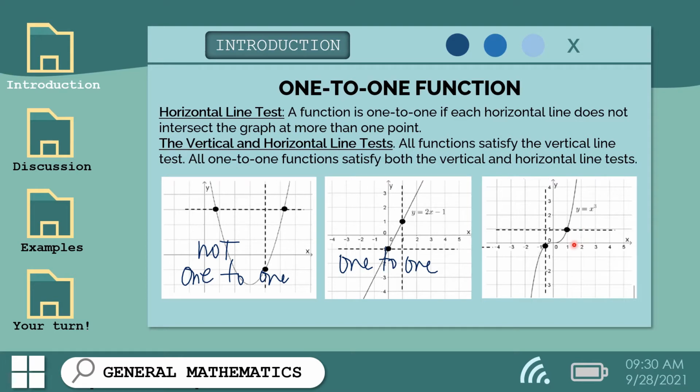But makikita niyo na isang beses lang din naman po mag-intersect ang ating mga horizontal lines sa ating graph. So, therefore, ito din po ay isang one-to-one function. Ganun lang naman po siya.